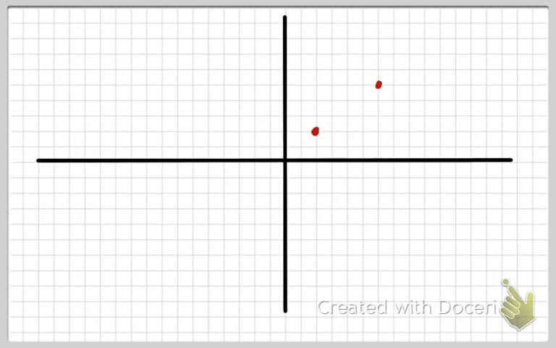Let's say I'm looking at these 2 points, and I want to find the length of that segment, or the distance between those 2 points. Actually, I'm going to move that down so we don't have the double.